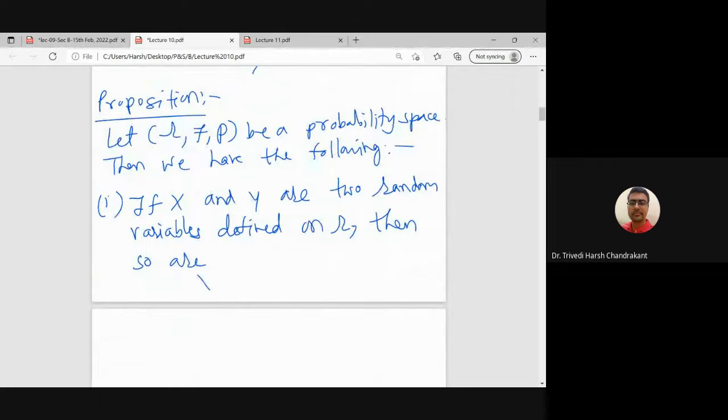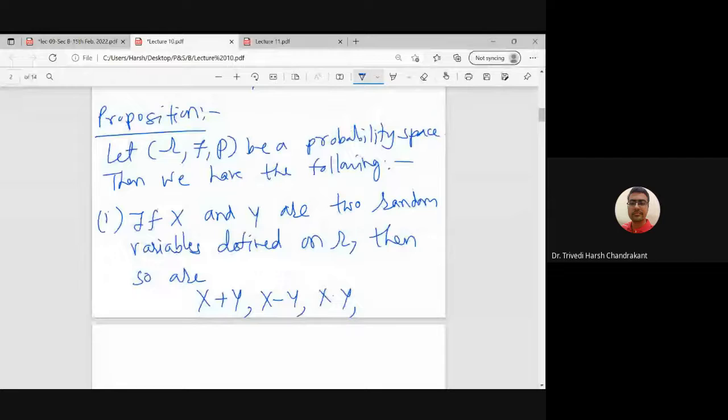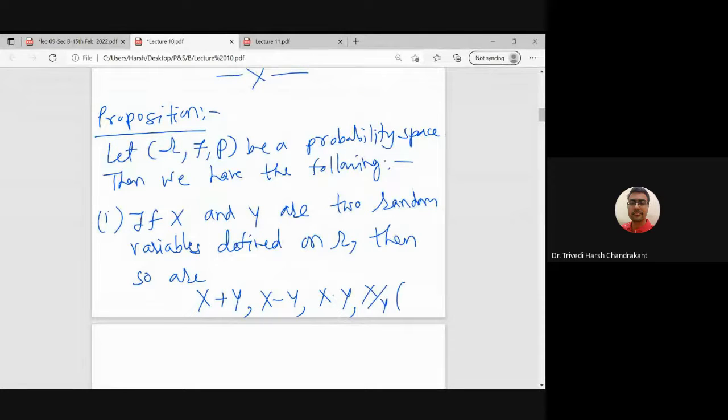The first random variable is x plus y, second is x minus y, third is x into y, and the fourth is x quotient y, where y is non-zero.